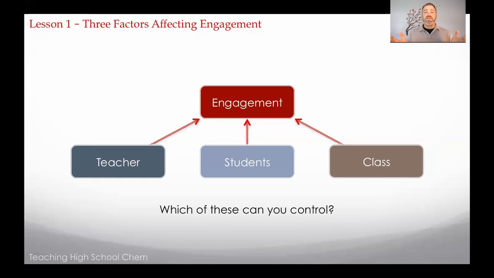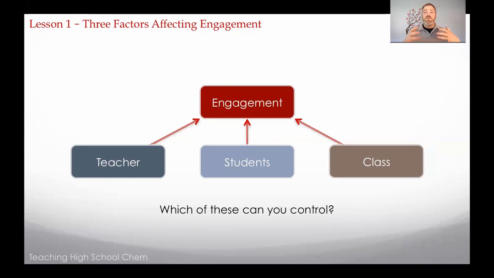Because every now and then you get that kid who's just like, I ain't doing nothing. That's their mindset. And no matter what you do, they're not going to do the work. No matter what you do, they're not going to pay attention in class. If a kid's going to be that way, then they're not your responsibility, because you cannot control their choices. You control how you respond to it, and we'll talk about that in classroom management. But that's not our responsibility.